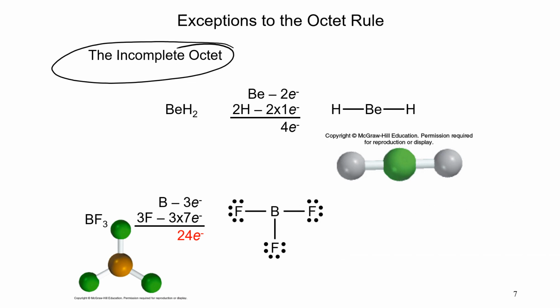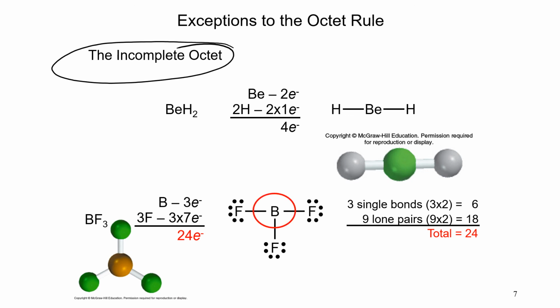Again, an incomplete octet. So it's satisfied with 3 bonds or 6 electrons. So beryllium and boron are happy with less than an octet.